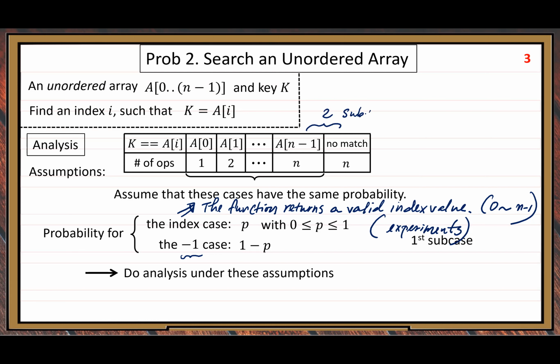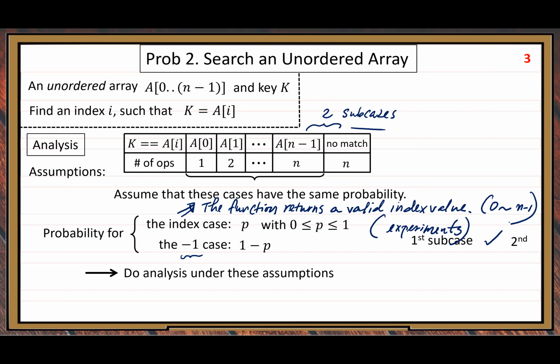For the first subcase and the second subcase, we want to see in the first subcase, what is the average efficiency number?